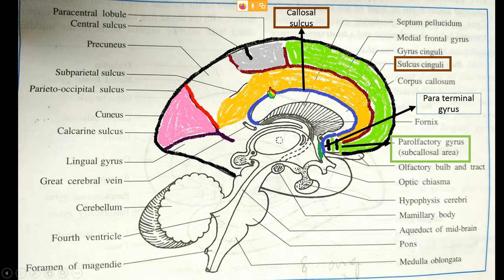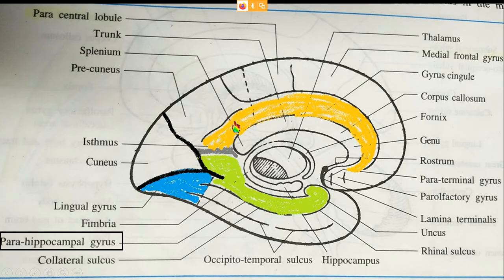If you trace the cingulate gyrus posteriorly, it extends posteriorly and is continuous with the parahippocampal gyrus. Let me show you another diagram. Yes, here you can identify.